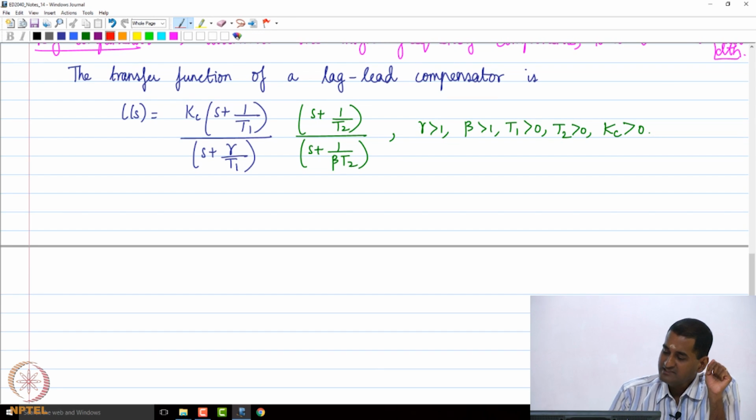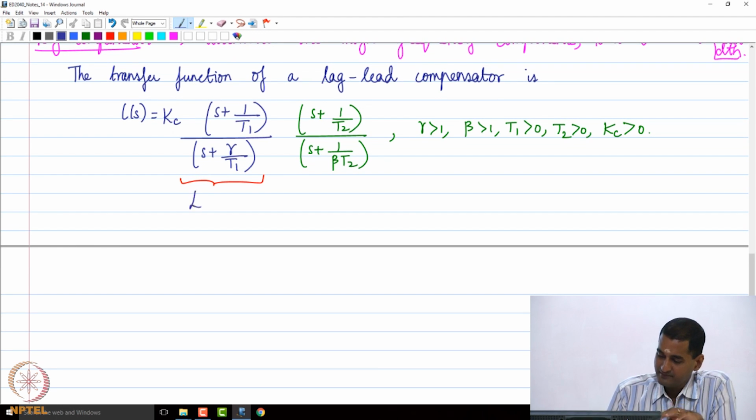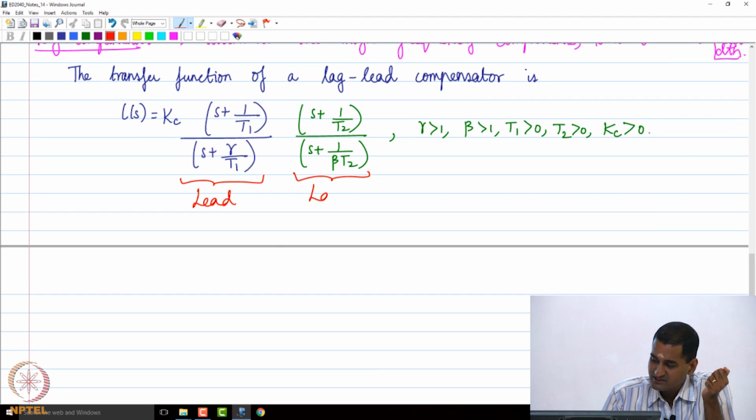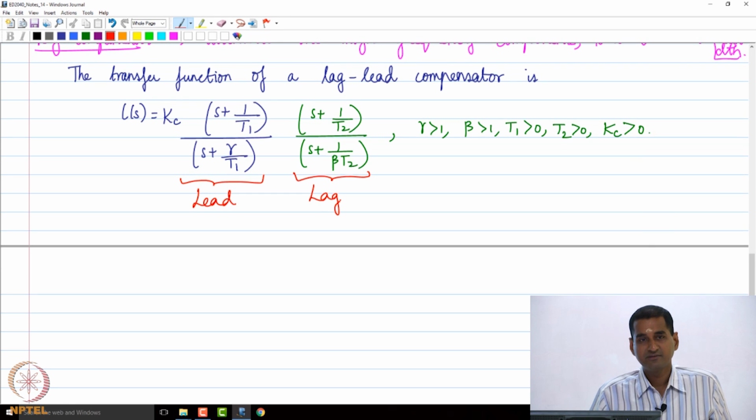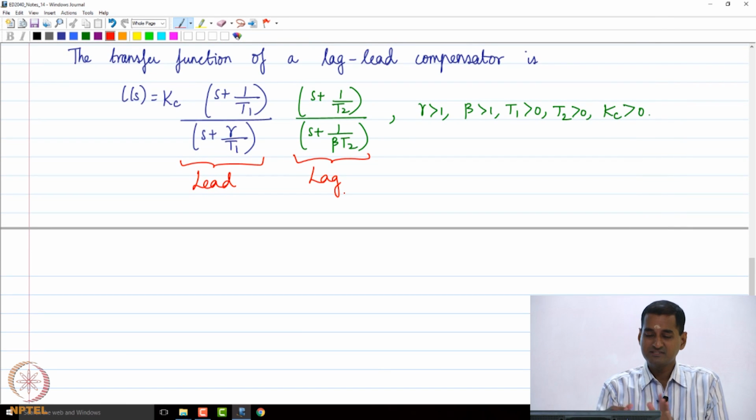You can immediately see that, let me write this Kc factor just outside, this part is the lead compensator, it provides the phase lead, and this corresponds to the lag compensator. So, that is the split between the two terms.